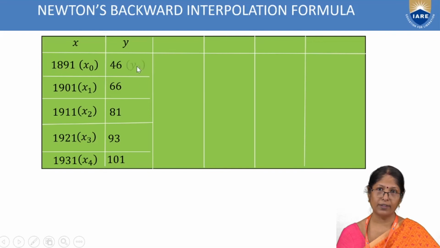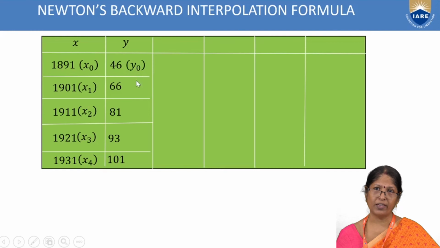Next, 46 is named y0, 66 is named y1, 81 is named y2, and 93 is named y3.